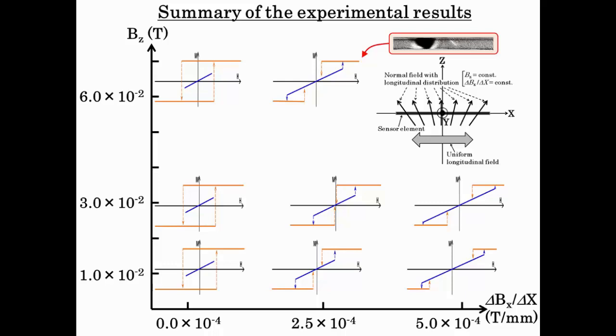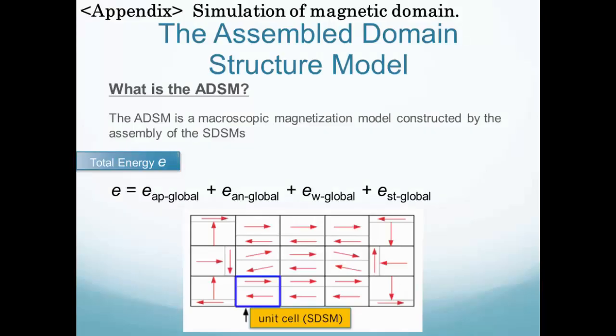But when controlling the distributed parameter, the multi-domain state appears and it widens as increasing the distributed parameter.